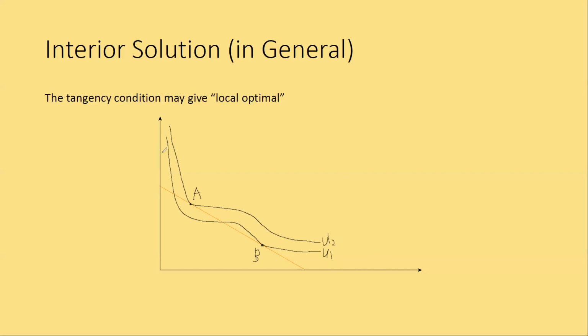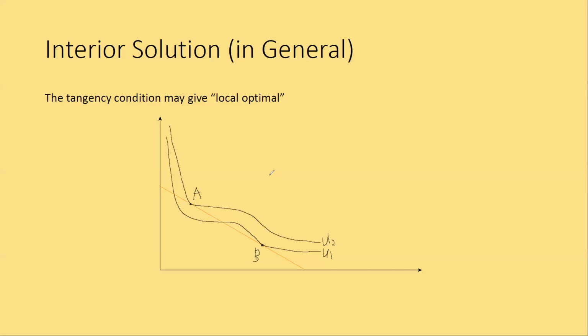So if we only use the tangency condition by equating the slope of the indifference curve to the slope of the budget constraint, at both point A and point B, this condition is satisfied. But if we look at the graph, we would know that point B is not an optimal point.